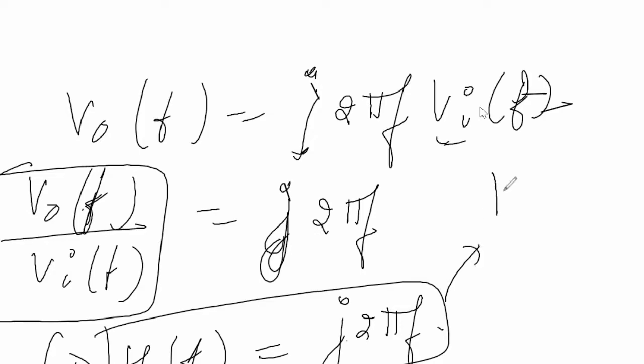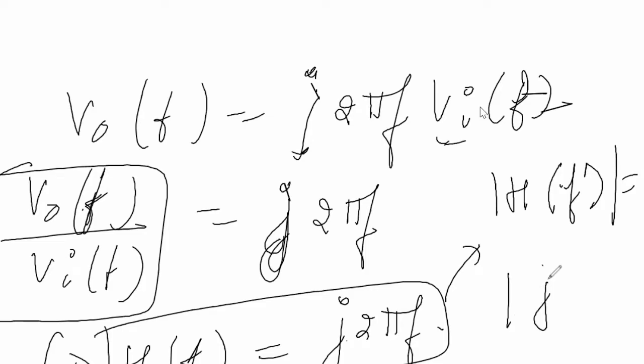Now if I take the magnitude of the transfer function, the magnitude is nothing but the magnitude of this complex function j2 pi f. So the magnitude of the transfer function H of f is nothing but 2 pi f, isn't it?